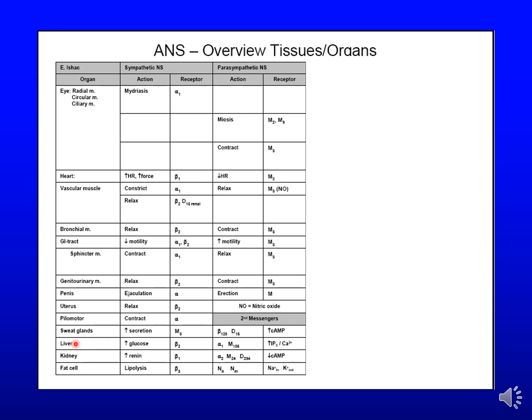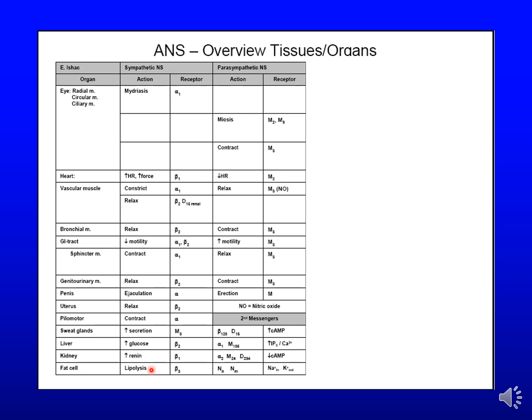In the liver, because the sympathetic nervous system is connected with fight or flight, we need to increase the glucose levels in the blood, and that's why gluconeogenesis as well as glycogenolysis will be increased, and this will increase the glucose levels in the blood. In the kidneys, renin is increased after sympathetic nervous system activation, and in the fat cells, lipolysis will be induced by the sympathetic nervous system.